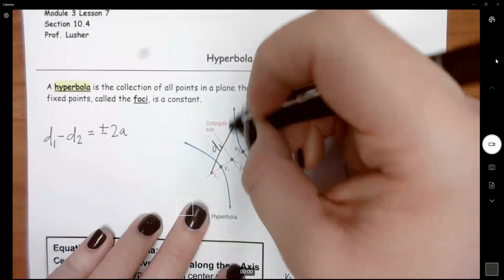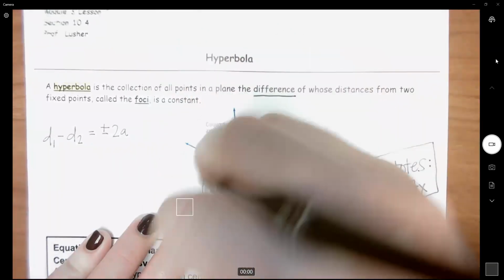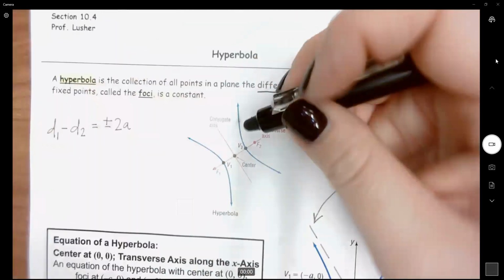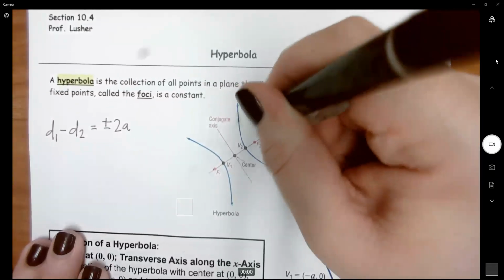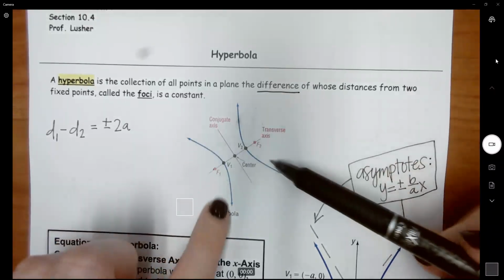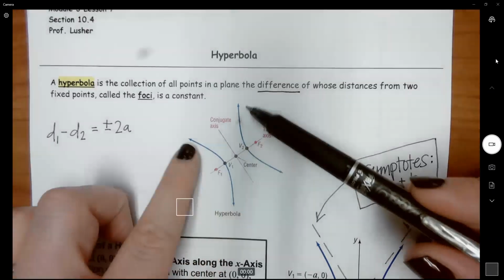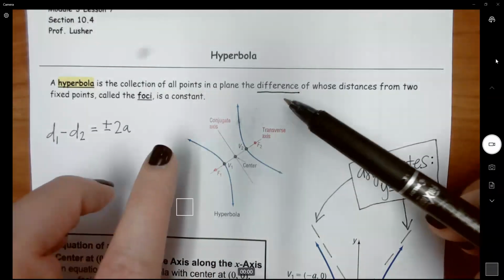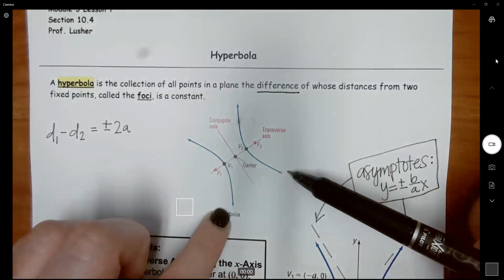Now, I'm going to go ahead and erase this so we can talk a little bit more about this shape. My hyperbola is these two blue shapes, and they look like parabolas facing away from each other.